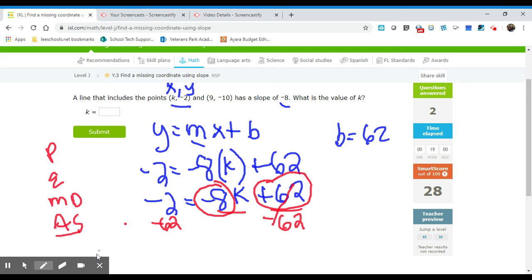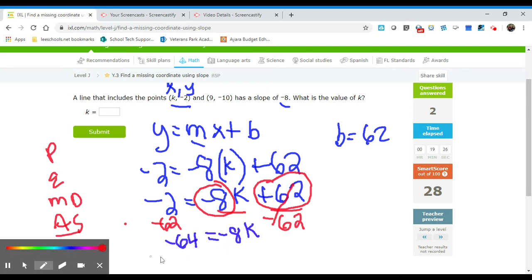This cancels out, and it leaves us with -8k on the right hand side of our equation. Since they're the same sign, you need to add them up: -64. Always take the sign of the larger number. Then we're going to divide both sides by -8. Why do we divide?